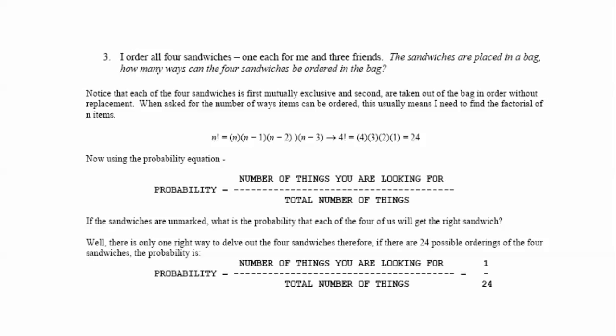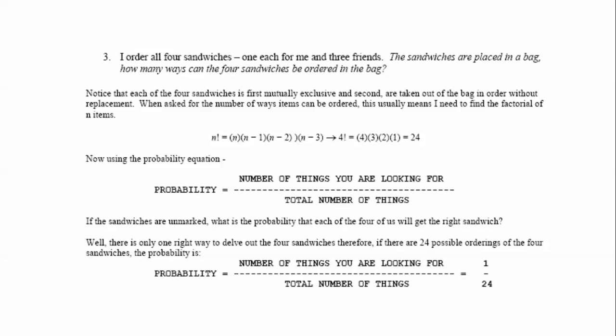And finally, I order all 4 sandwiches, 1 each for me and my 3 friends. I put them into a bag, and I want to count the total number of ways that I could draw those 4 sandwiches from a bag. So if my friends are lined up, you could think that there's only one possible way that they could all get the right sandwich.